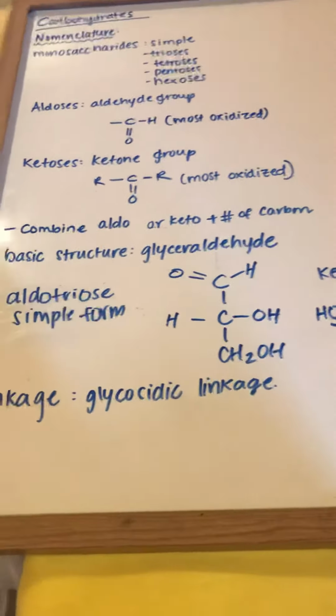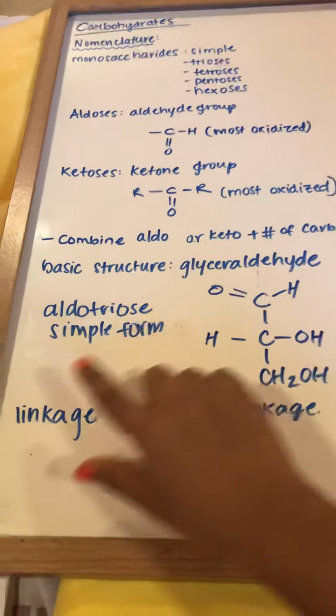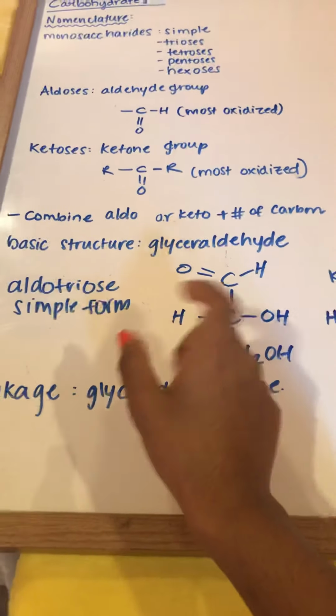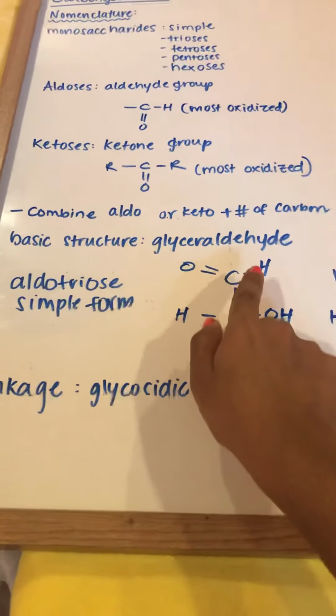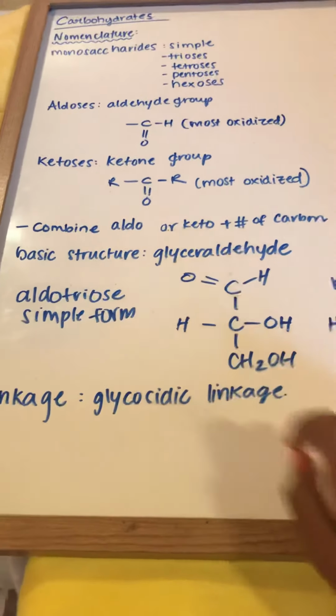Over here I see that the carbon is bonded to a double bond O and then an H. This matches up with your aldehyde group up here, so this would be called an aldo. Now you count the number of carbons in here. Since there's 1, 2, and 3, it would be a triose. So when you combine it together, it would be an aldotriose: aldo because you have an aldehyde group, and triose because you have 3 carbons.